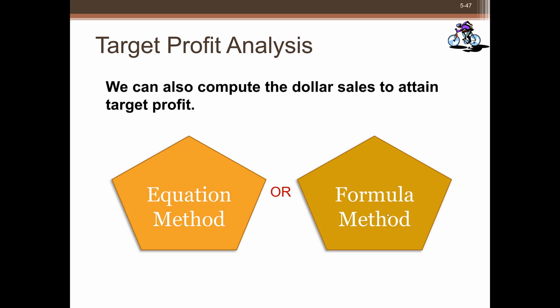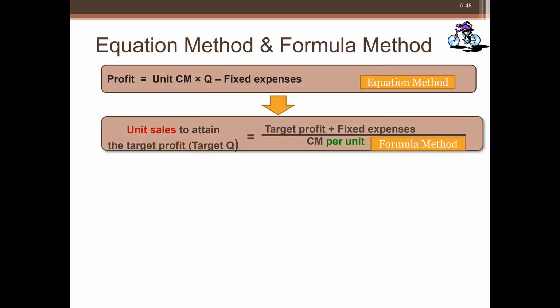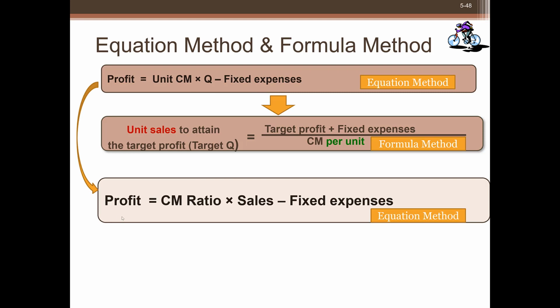We can also calculate dollar sales to achieve target profit using either equation method or formula method. These are the equation method and formula method to figure out Q, quantity sold. From the first equation here, we can rewrite it as the third one. Profit equals contribution margin ratio times sales minus fixed expenses.